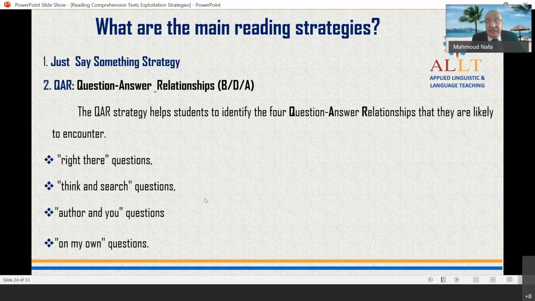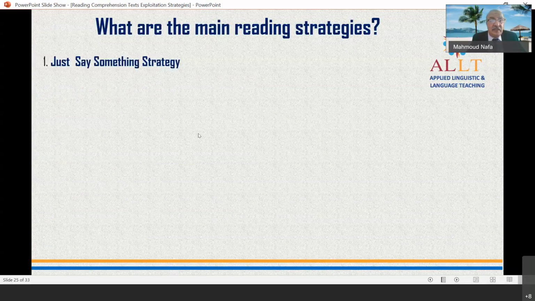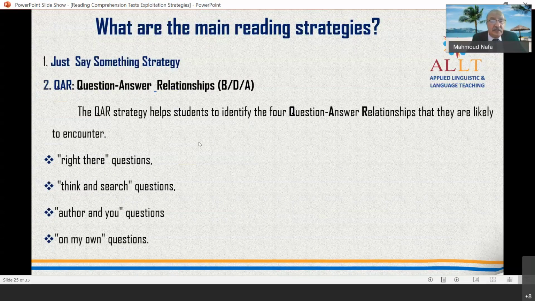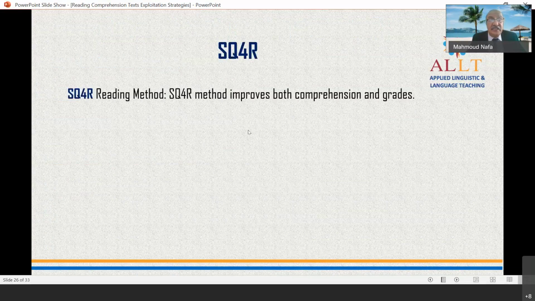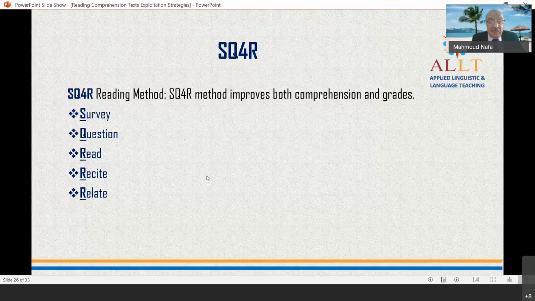Now you can design your own questions. SQR: survey the text, then write questions on it, then read the surveyed text and the questions, recite them, try to explore them more, relate them to your experience, and review them for getting the main idea.